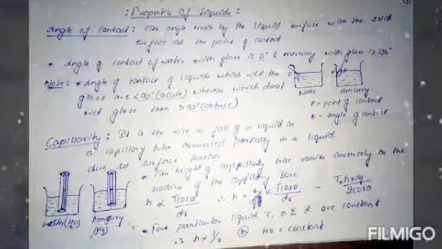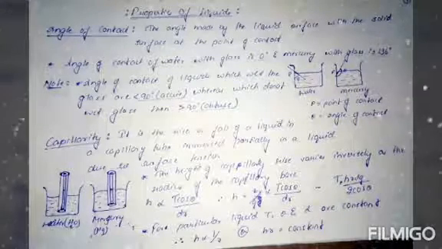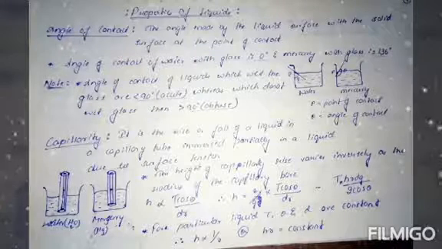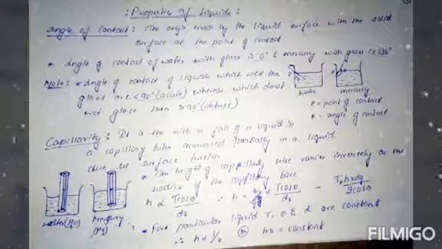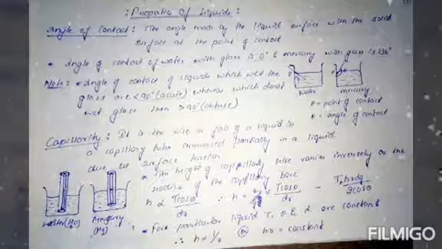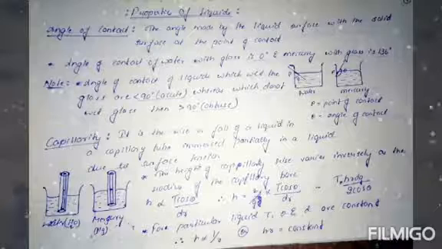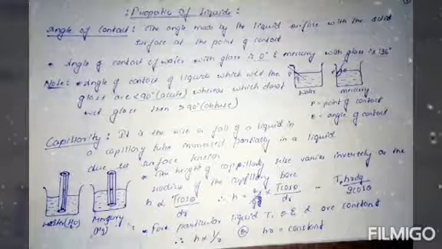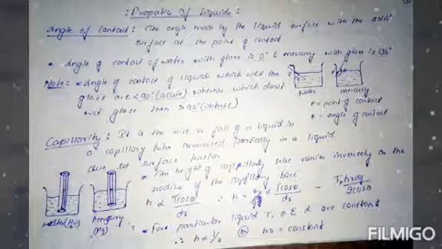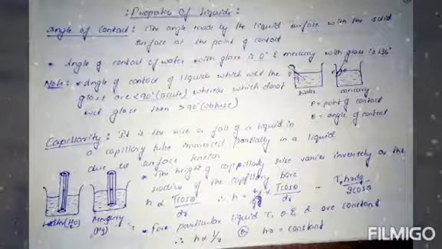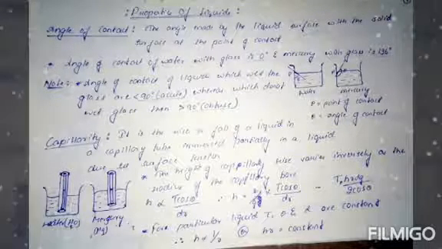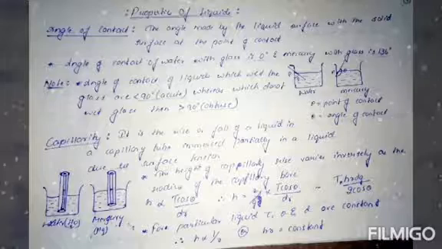Next topic is angle of contact. Take some liquid and put it into a container so that it forms either a concave shape or a convex shape, and the angle between the surface of that liquid and the container is called the angle of contact.